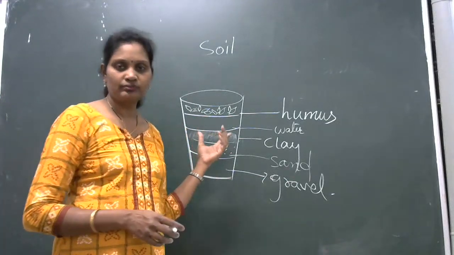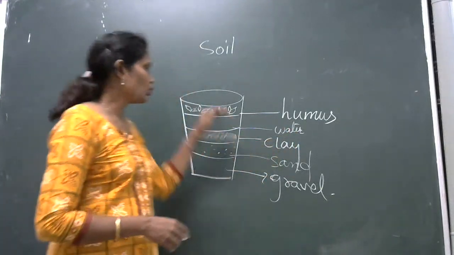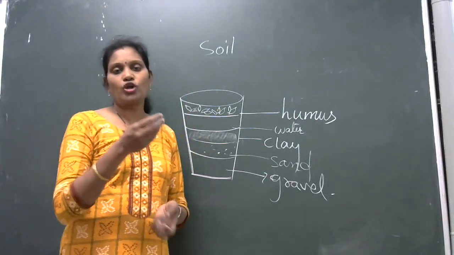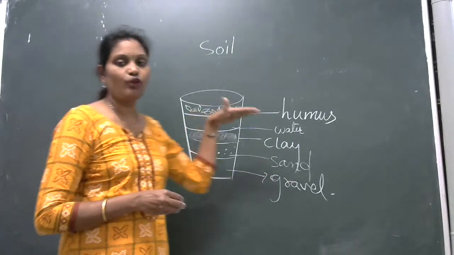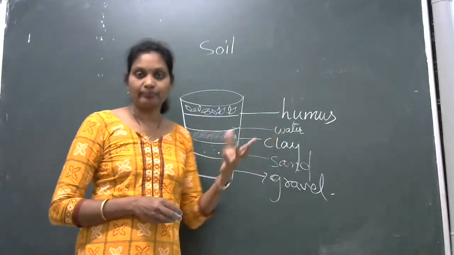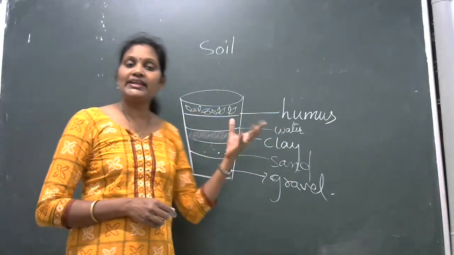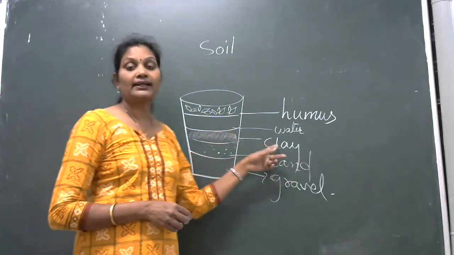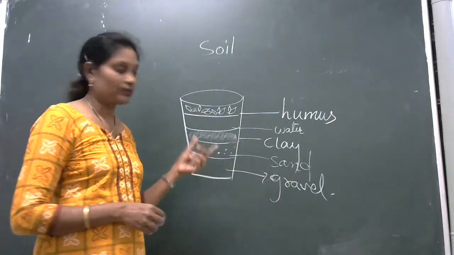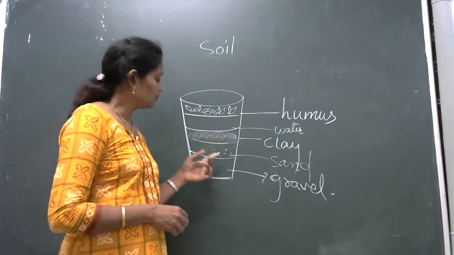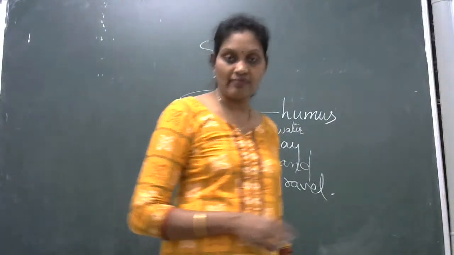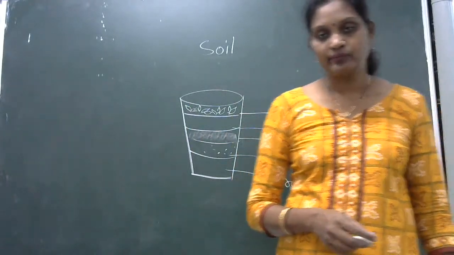Okay, is it clear? You can see that the leaf and these small particles will be floating. So this is humus, because it is very very light. Then water, then the clay, because it is very soft and very fine, then is the sand, and then at the bottom we have the gravels. Okay, clear?